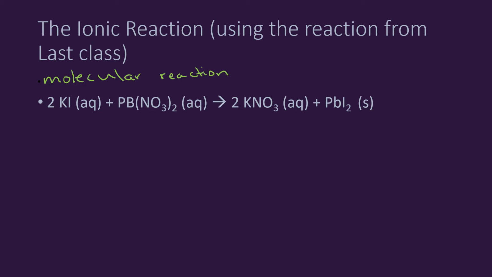So another way to look at this would be potassium plus iodine plus lead plus NO3 yields K plus nitrate plus lead iodide.